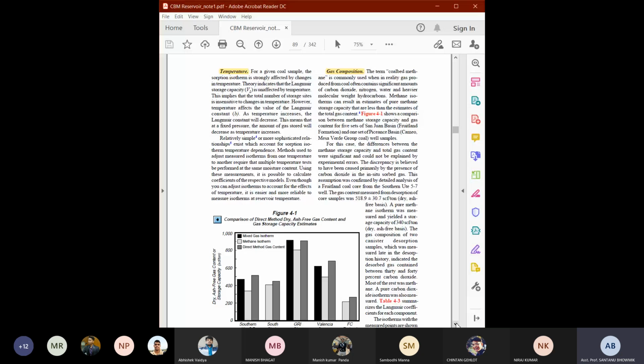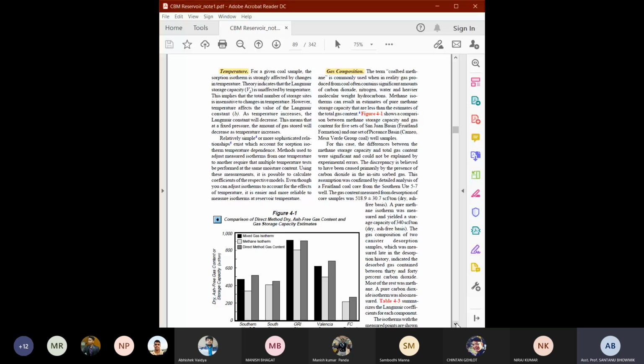So obviously there is a detrimental effect on the pressure. If you are going to increase the temperature, the pressure is going to reduce, and so the gas which will be stored at this lower pressure will be sufficiently less than the gas which otherwise can be stored.